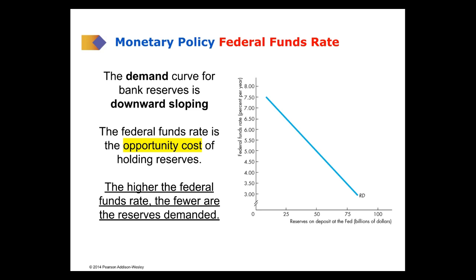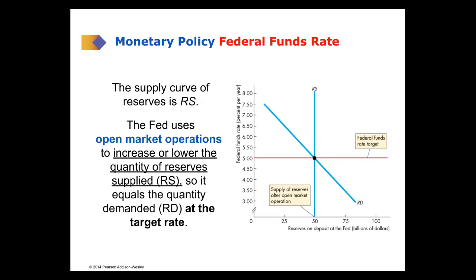If the federal funds rate is high, you're going to be less inclined to hold reserves because you're losing the ability to loan them out to somebody and make a higher rate. So there's a downward sloping demand curve for bank reserves. The federal funds rate is the price on the left column, and the quantity, of course, is how much reserves are demanded at each one of the prices. And again, in this case, the price is the federal funds rate.